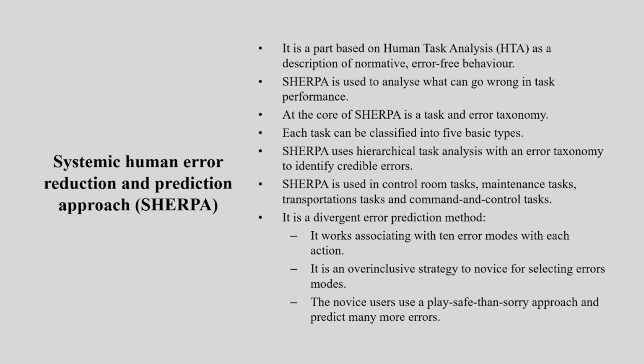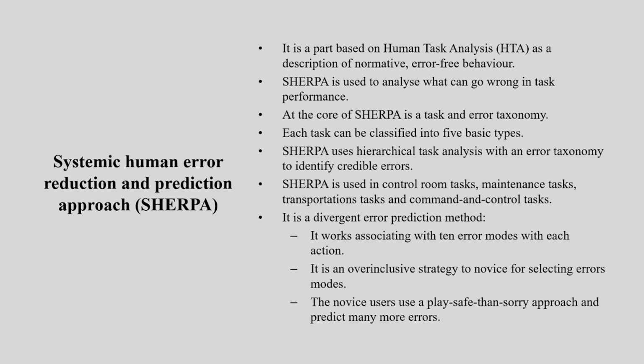At the core of SHERPA is a task and error taxonomy. So we will be giving different nomenclature, different counting of those types of error. Each task can be classified into 5 basic types that we will be discussing. SHERPA uses hierarchical task analysis with an error taxonomy to identify credible errors.